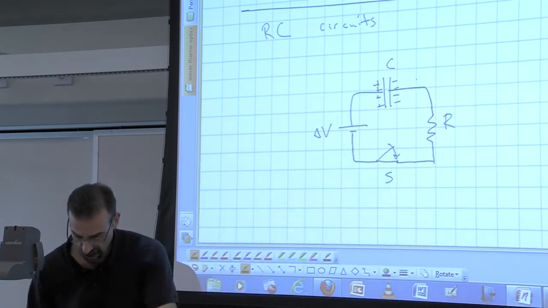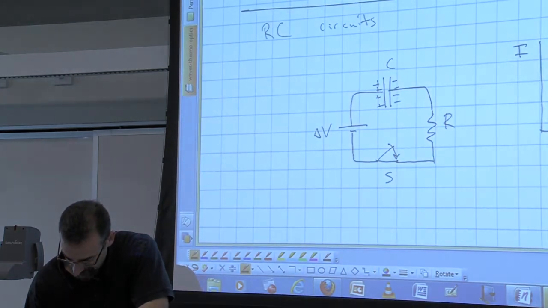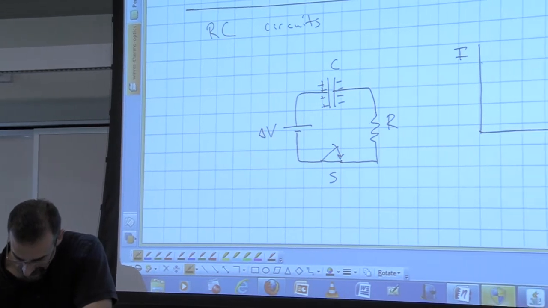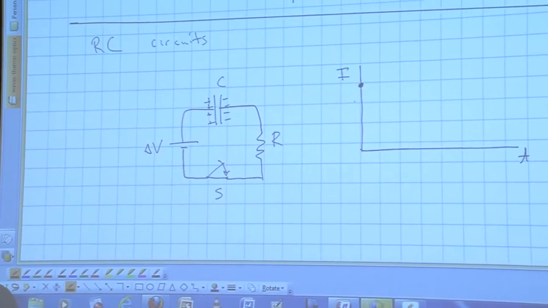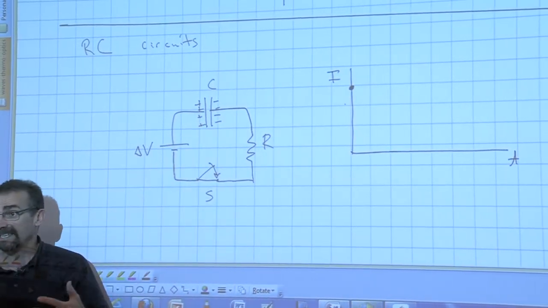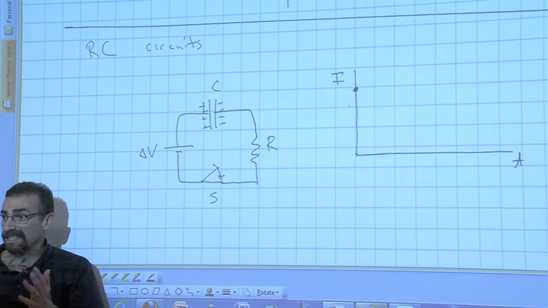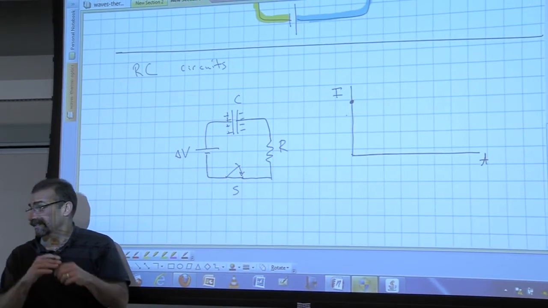So the flow of charges, we call that current, right? If we looked at the current plotted in time, it starts out at some maximum value the instant we close the switch. I'm assuming that capacitor does not have any charge stored in it; it's been shorted out.